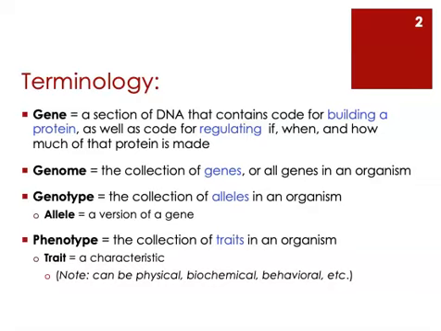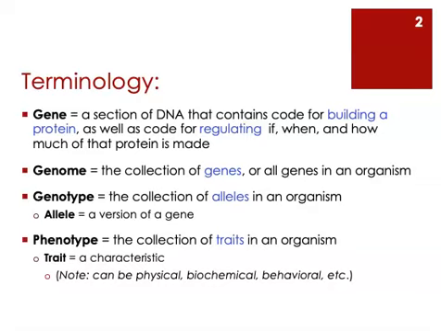So, for example, all humans have genes that are associated with determining the color of their hair. So, the genes for hair color are in everyone's genome. Your version of the hair color gene might be different from my version of the hair color gene.